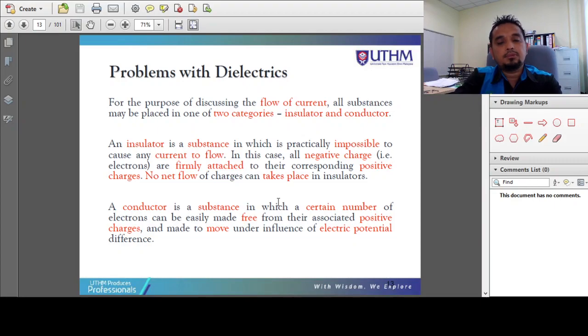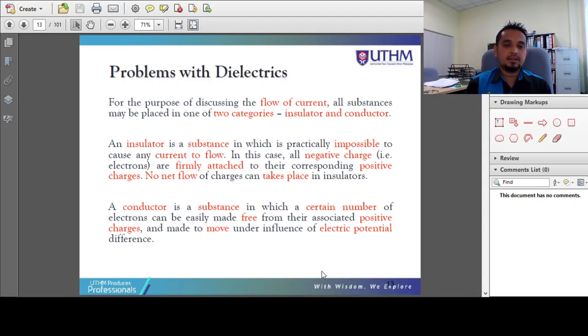Okay, now we come to the problem of the dielectric. In general, the problem with the dielectric is the breakdown. That is what we're going to learn in great detail in a later section. In general, you can read all these texts, I don't need to explain them again.